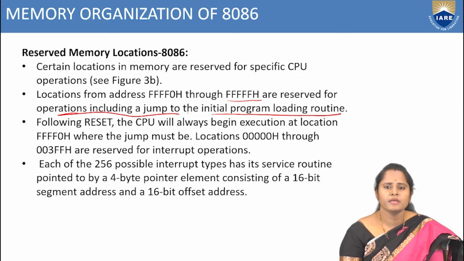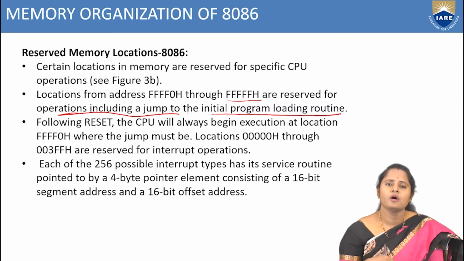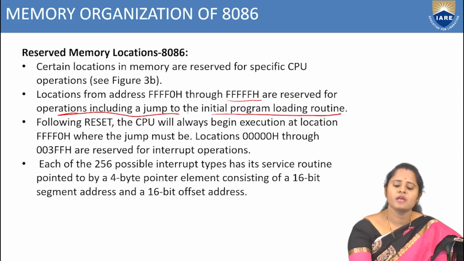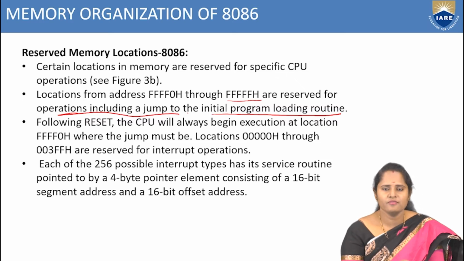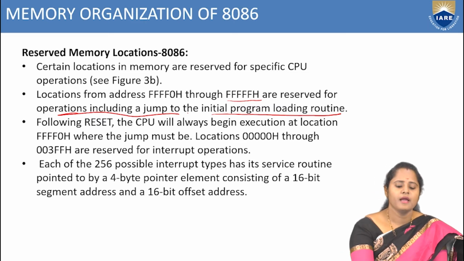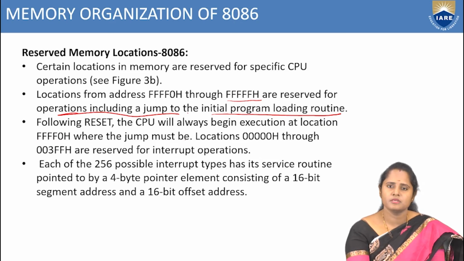Branching and looping instructions mean we need to operate from one memory location to another, or if I need to operate iterations, we can use these specified memory locations, FFFF0 to FFFFF. Following reset, the CPU will always begin the execution at the location FFFF0, where the jump must be.